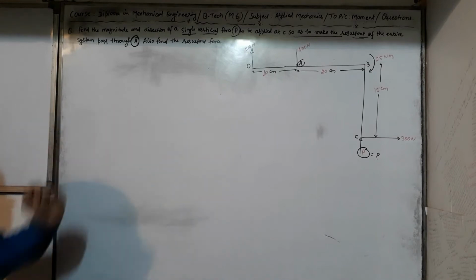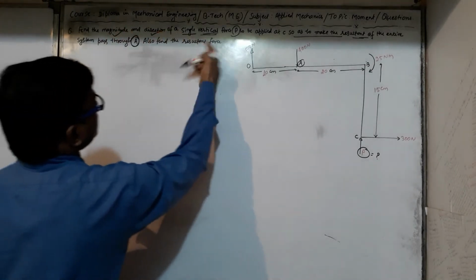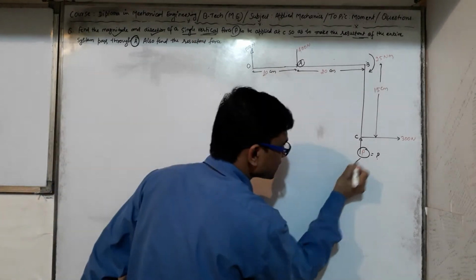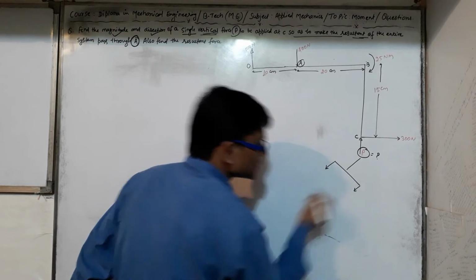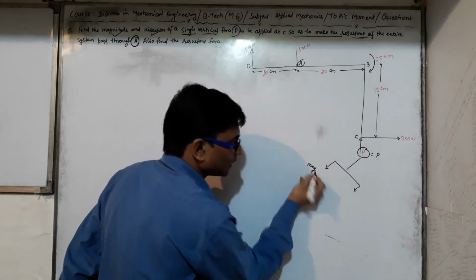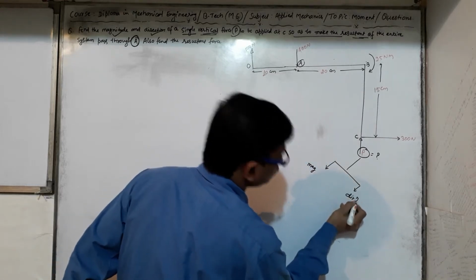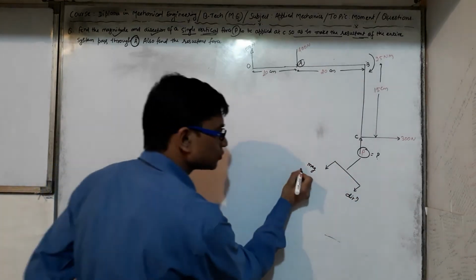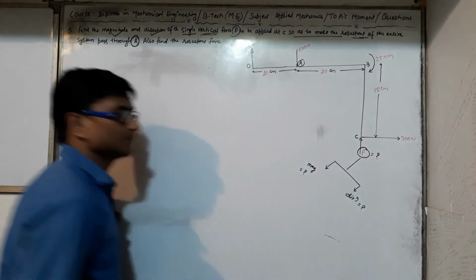To find the magnitude and direction of the single force, we have to find two things for this P: the magnitude of this force P and the direction of this force P.